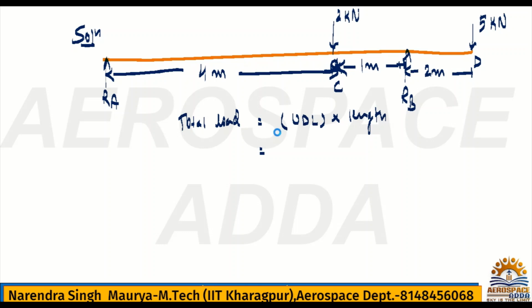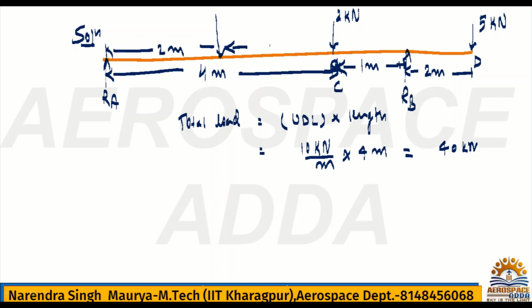The uniformly distributed load is 10 kilonewton per meter, into 4 meter, so the meter cancels out, and it is 40 kilonewton. Last class I explained UDL acts at the mid of the span, so this is 2 meter and this is 2 meter. So the total load becomes 40 kilonewton.